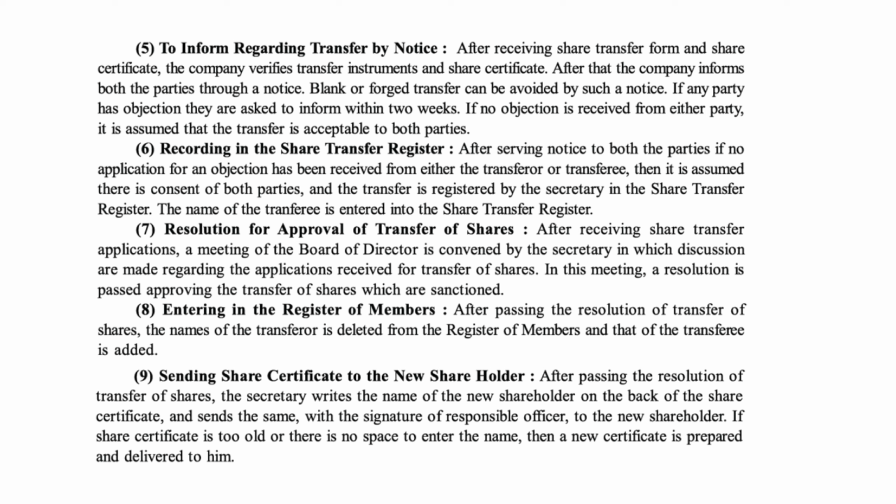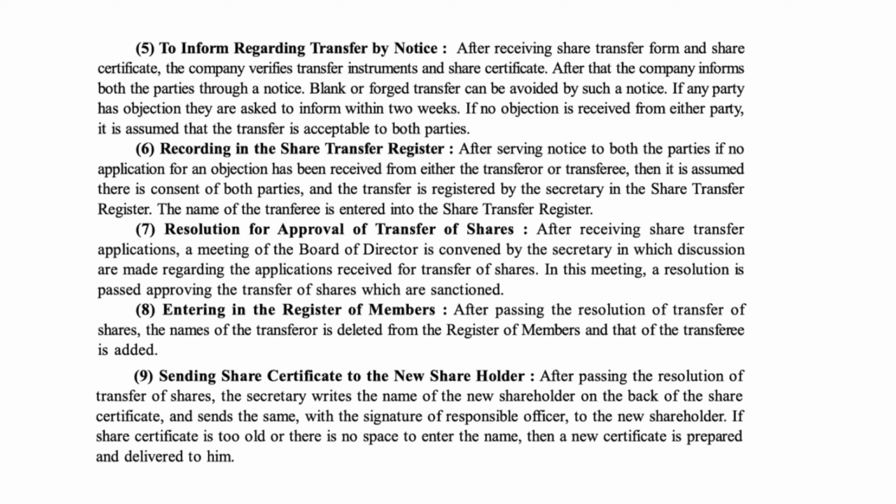It may happen that because this is a physical process, someone may have submitted a false share transfer form, or a signature may be forged. So the company is giving a notice that we have received such a share transfer form and share certificate. If you have any objection, if you have not applied for this, please contact the company immediately.